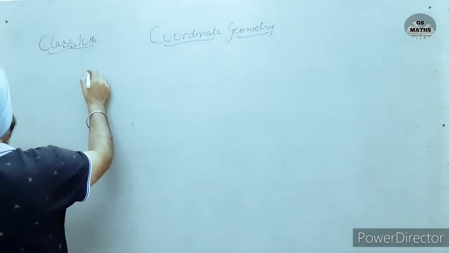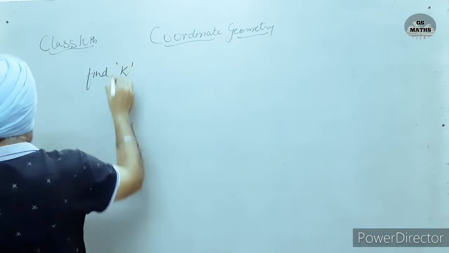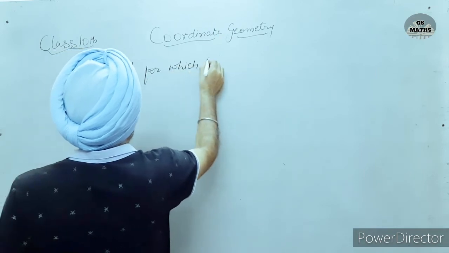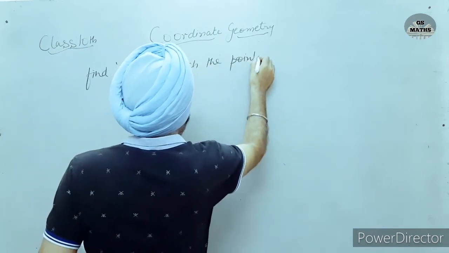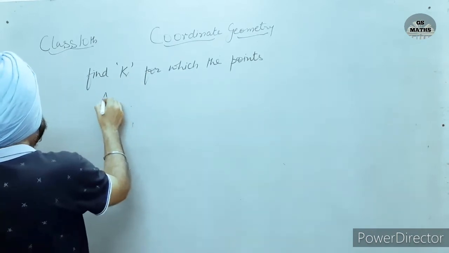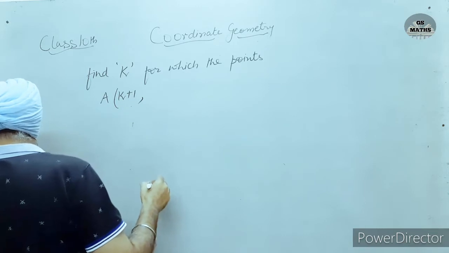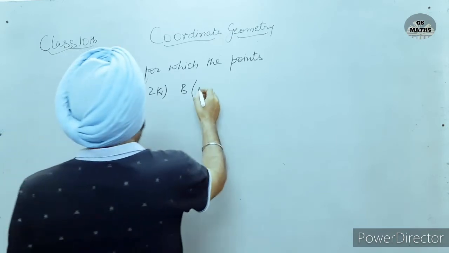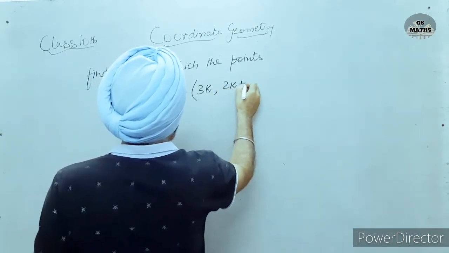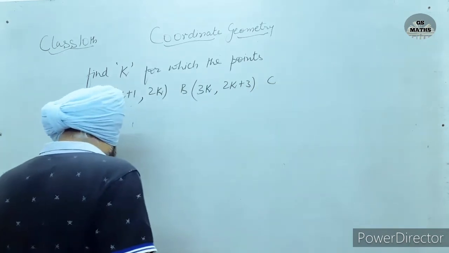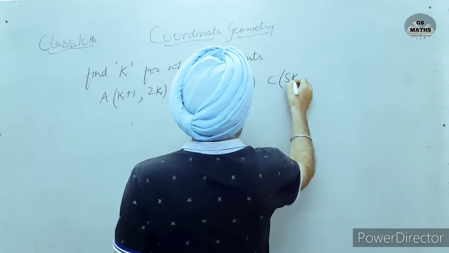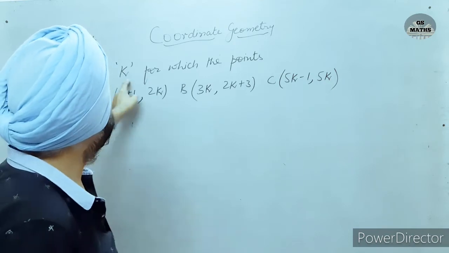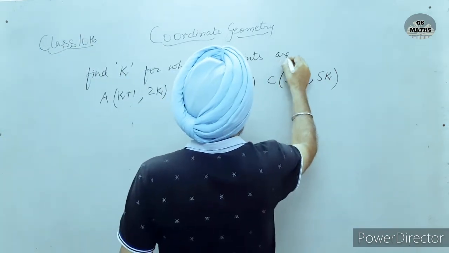Find the value of K for which the points A is (K plus 1, 2K), B point is (3K, 2K plus 3), and C point is (5K minus 1, 5K) are collinear, it's given. Find K for which the points are collinear.